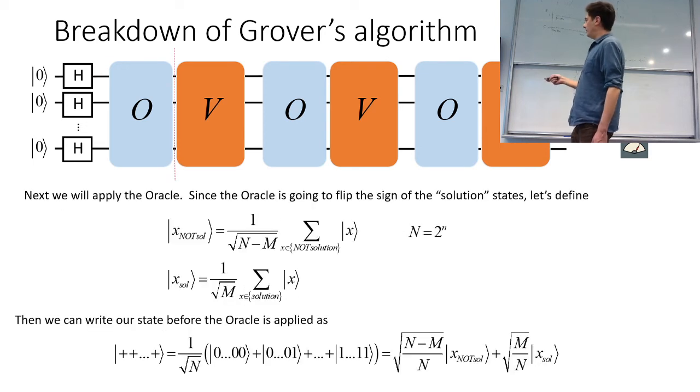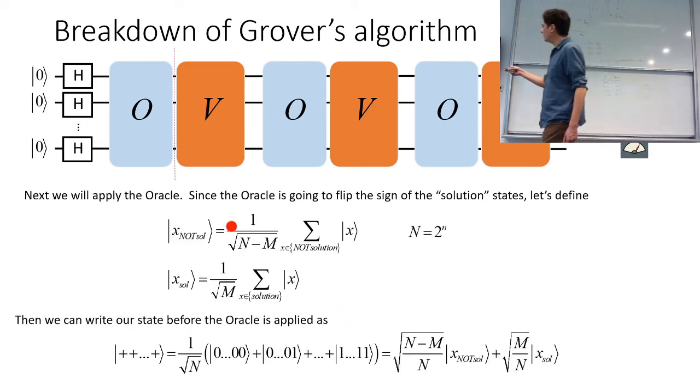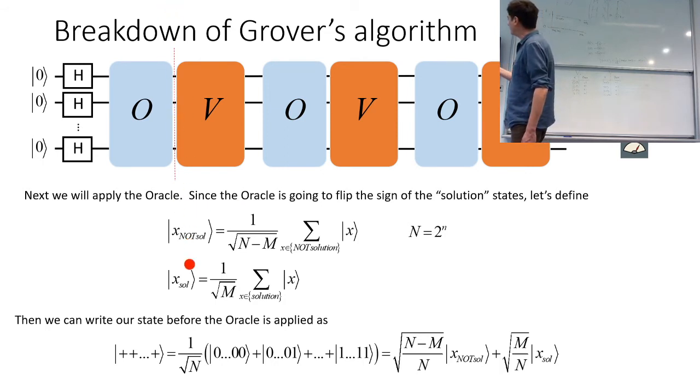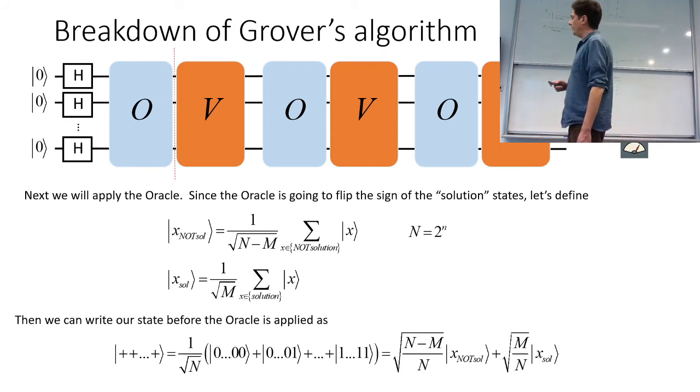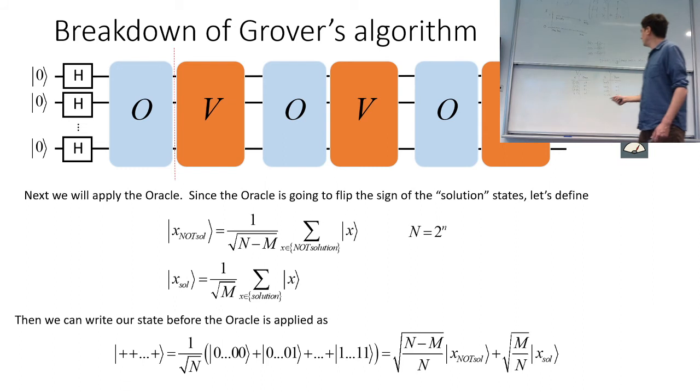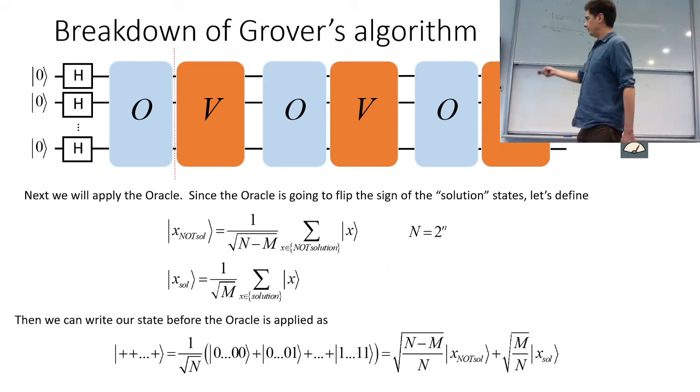I've drawn a red line here, so you can see where we're up to in the circuit. Next we apply the oracle, and the oracle is going to flip the sign of the solution states. What I've got here is something a little more general than what I was saying before, because there might be more than one solution.